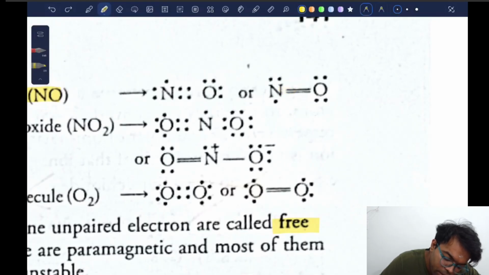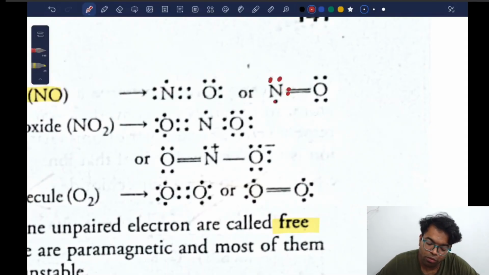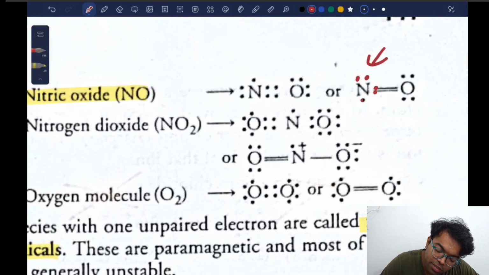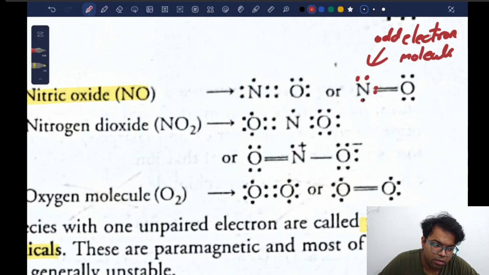There is one electron of nitrogen here, one electron of oxygen here. So it is having three extra electrons after formation of the bond. This is the odd electron. Your nitrogen is having three electrons here.